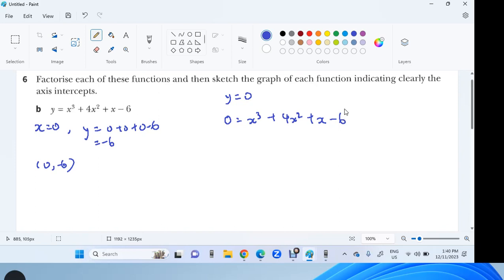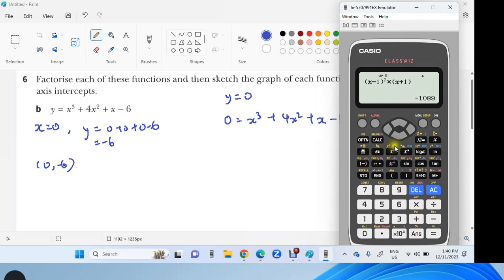So to find the root, we have to try and error. When we try and error, we do not simply try any value. We have a technique. You have x power 3 plus 4x squared plus x minus 6.